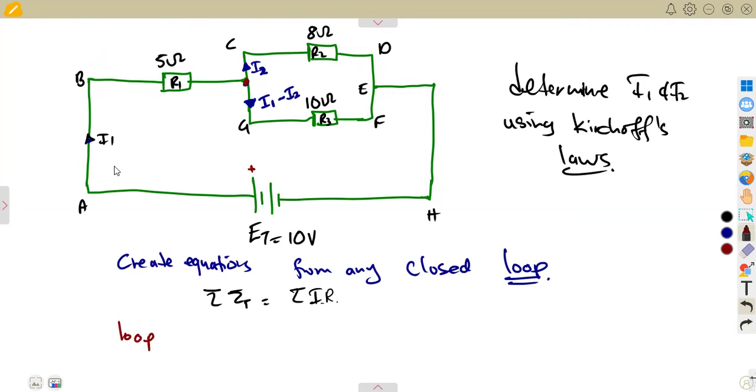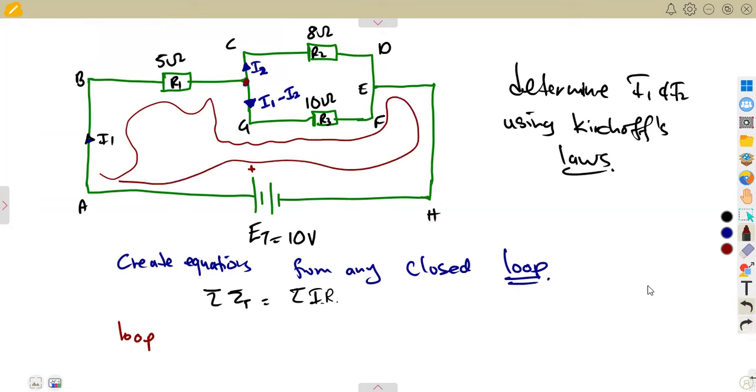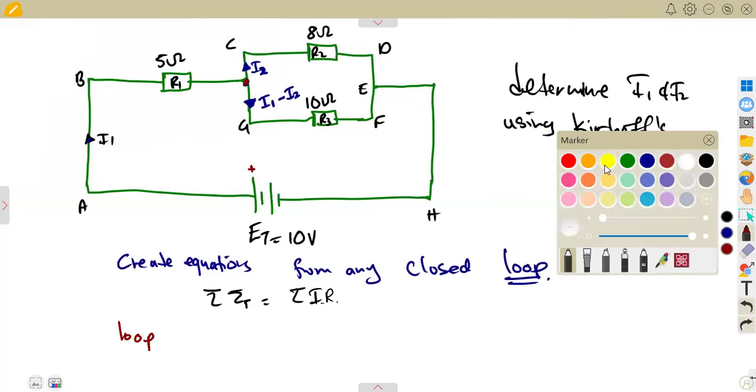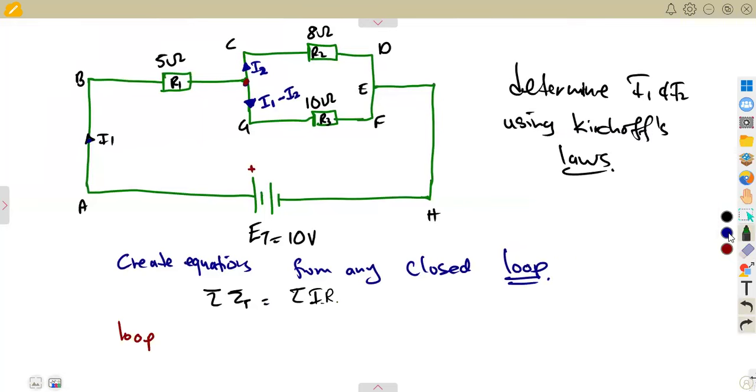Let's say I'm starting from this A, like this loop here, A, B, C. This point is not given, so I'm just going to consider G. So it's A, B, G, F, then E, then I move to this side to H, to the point H, then back to the point A. So this is how I'm going to take the loop, or the direction.